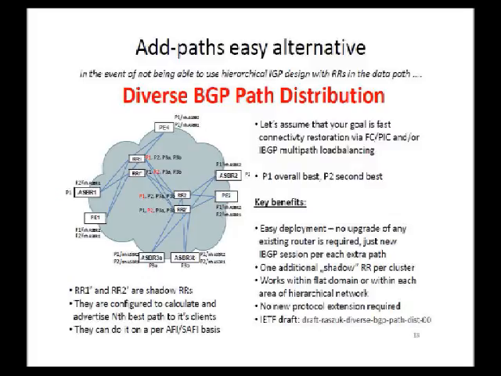It just uses the observation that if I send a path on a new iBGP session, it is kept and it can be used in the router just like it would be coming on the same iBGP session. So if you, for example, don't want to use the full iBGP mesh within the core or within the POP, you can use this solution to advertise more than the best path to your iBGP clients.